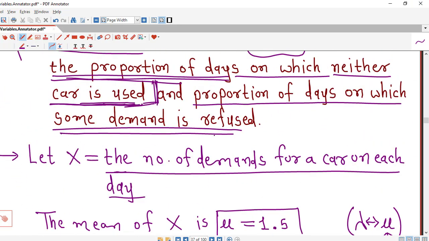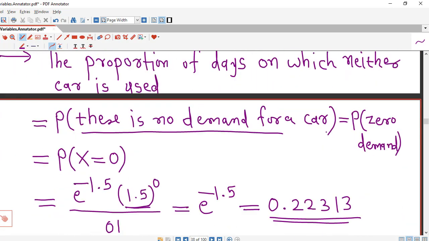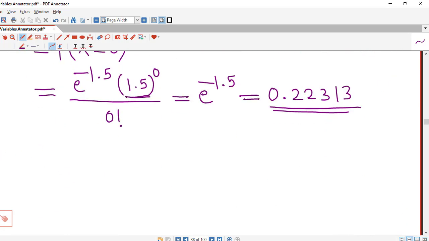So the proportion of days on which some demand is refused is nothing but the probability that there will be more than 2 demands. So this also we can calculate using the formula of the probability mass function.